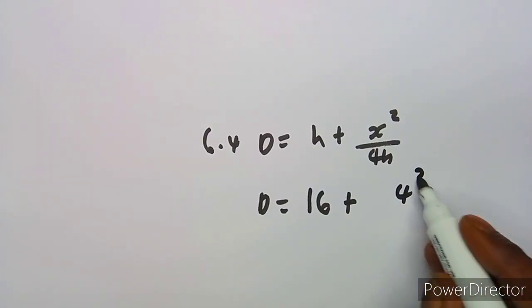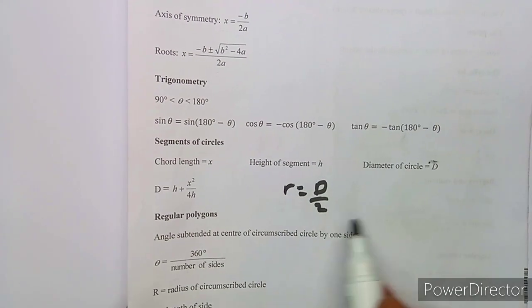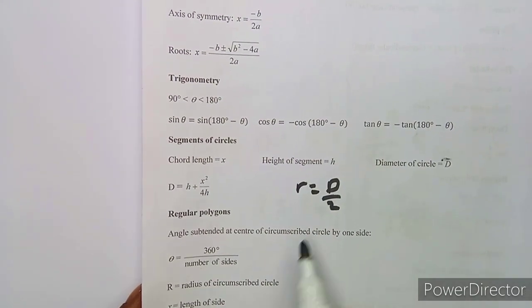So you've got 4 squared over 4 times 16, which is the height. The height is 16, guys, not 4. So if you do proper substitution on this formula, it's 4 times 16.